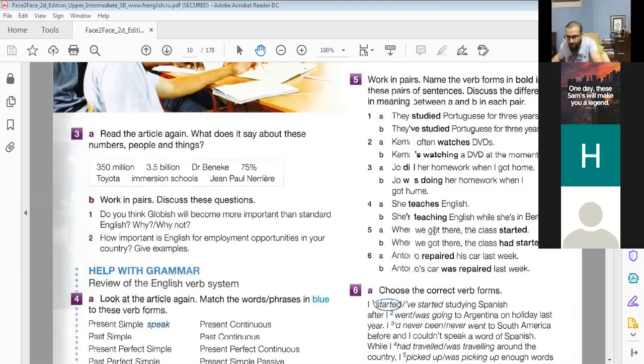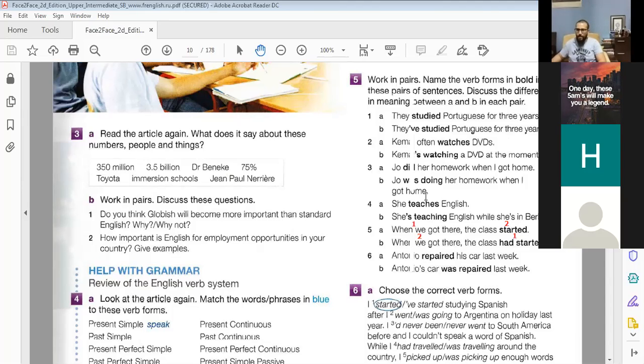So first action, second action, number 2. And here it's the other way around. This is the first action, this is the second action, if you think of it in a timeline. So this is the past perfect, how it's usually used. Okay, very nice. That's great.